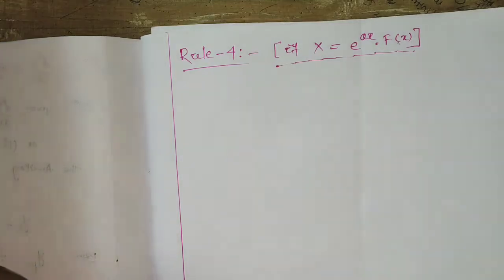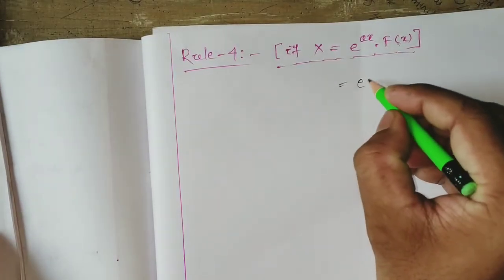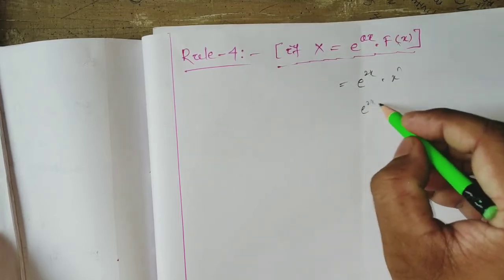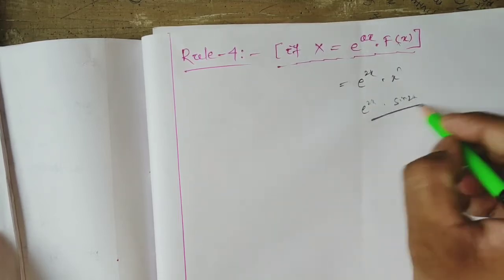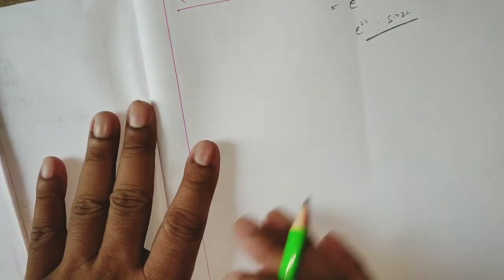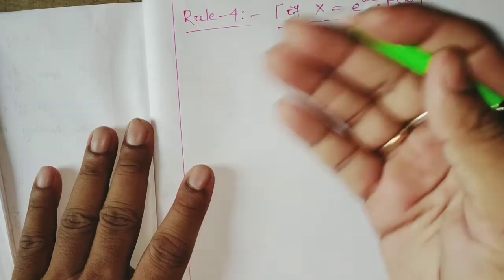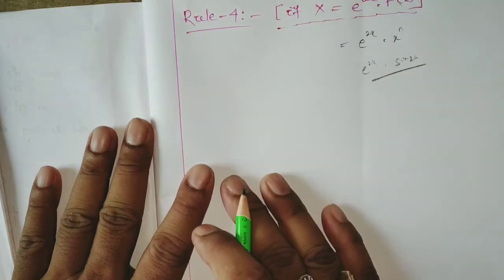For example, e to the power 2x into x to the power n, or e to the power 2x into sine 2x. Then how will we find the answer? We will discuss that rule in detail theoretically, and also do the corresponding problems.